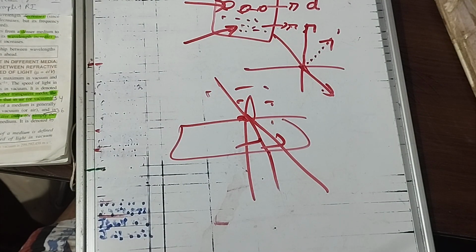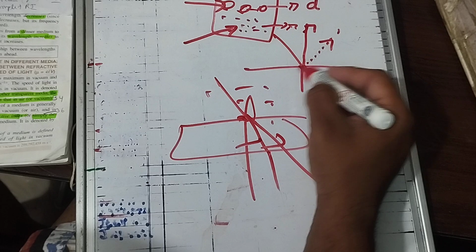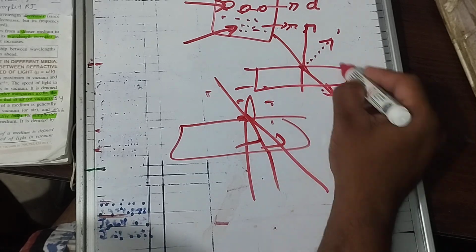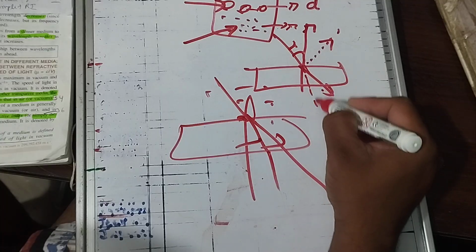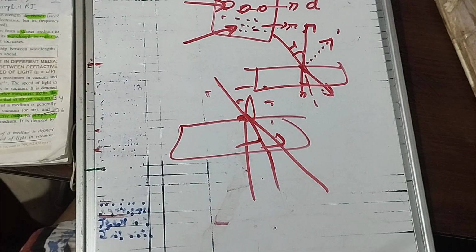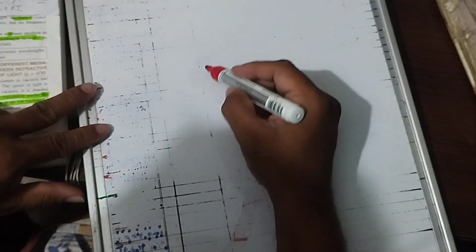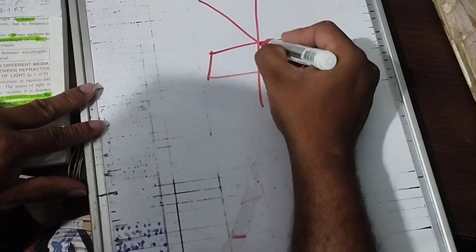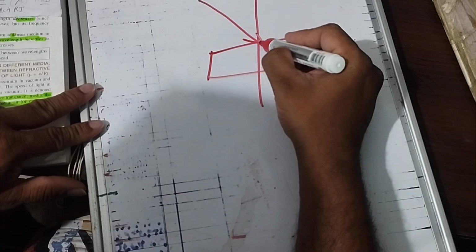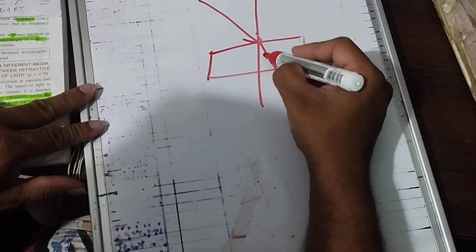Next, the angle of incidence means the same thing. Here also, if it is a slab, this is called the angle of incidence, and this is the angle of refraction, the angle between the normal and the refracted ray. Let me draw one more diagram. This is the slab, this is the normal, this is the incident ray, and this is the refracted ray.